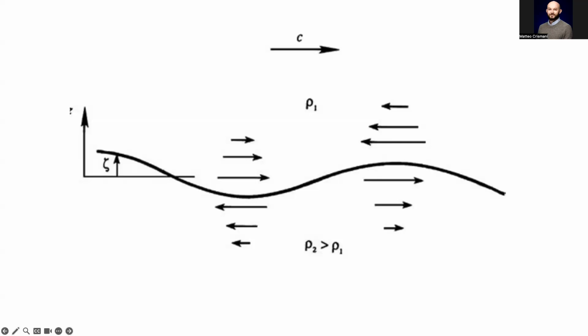Omega is going to be the square root of g k times rho 2 minus rho 1 over rho 2 plus rho 1. What happens if they're the same? Zero.